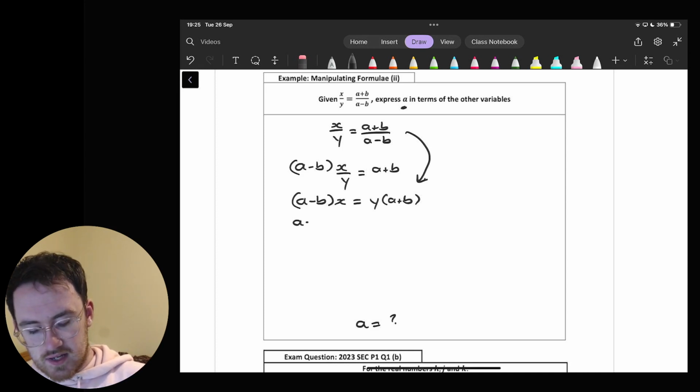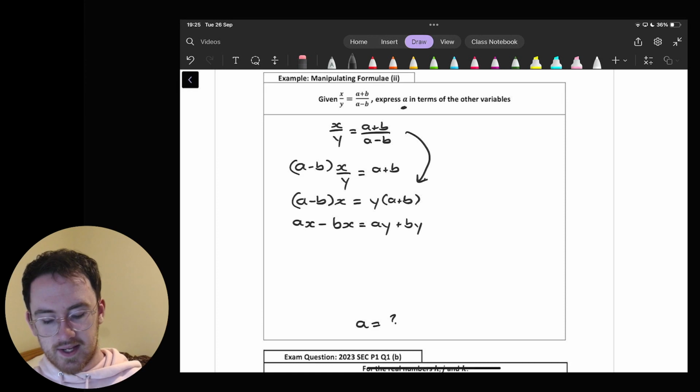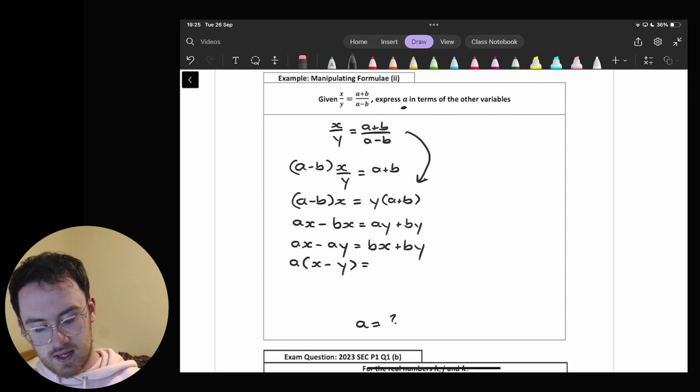So if we separate this out, ax minus bx equals ay plus by, we're trying to get a on its own. So we're going to bring all the a terms over to one side and anything else over to the other side. Then factoring out a there, I get a times x minus y equals bx plus by. And lastly, I'm going to divide across by that x minus y.